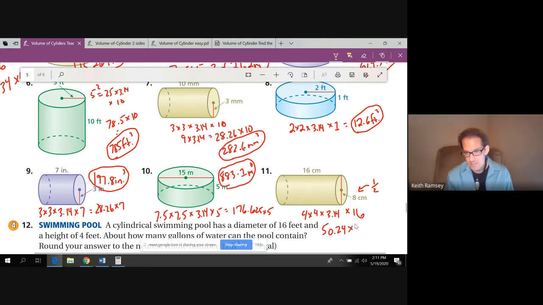And I want to multiply that by 16. And I get 803.84, and I would just round that to 803.8 centimeters cubed for number 11. A few more examples.